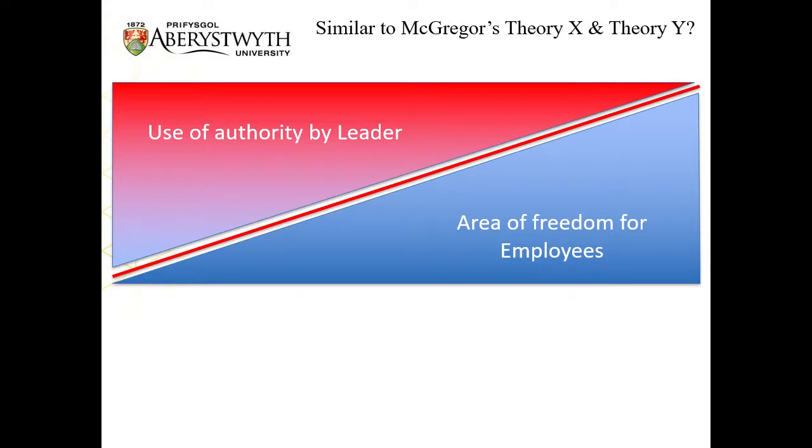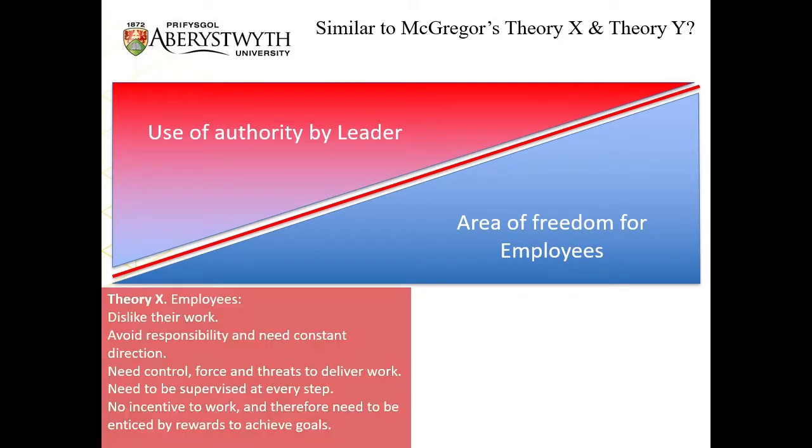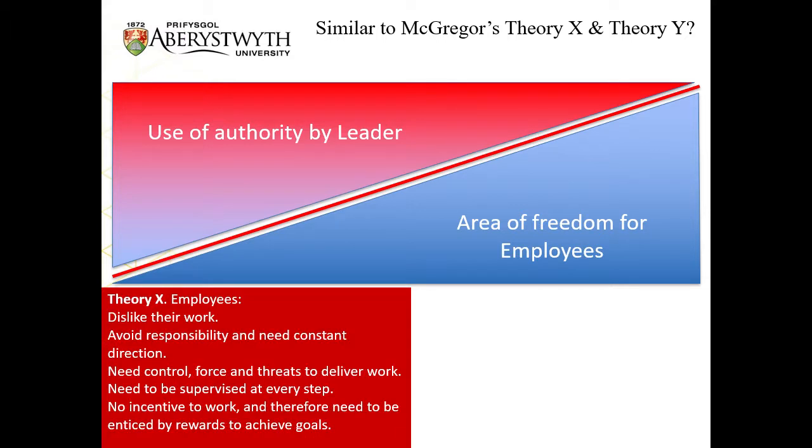We can compare this with McGregor's theory of X and Y, which you may have come across in other lectures. Theory X, and remember, theory X and theory Y are based on the manager's perceptions of the staff.